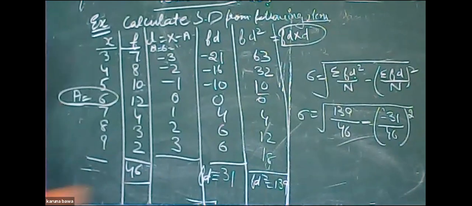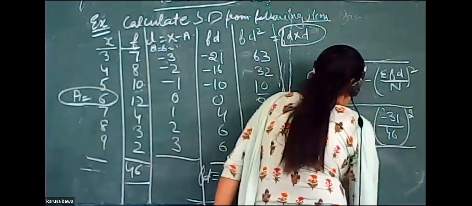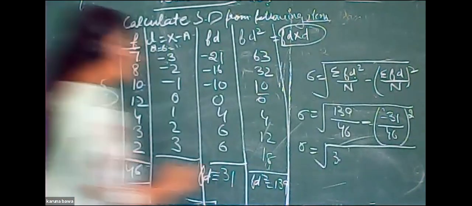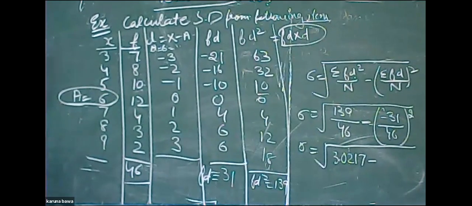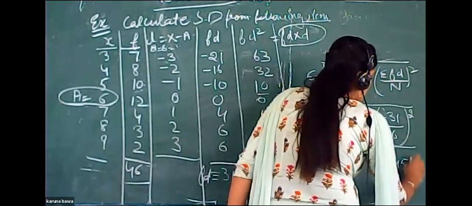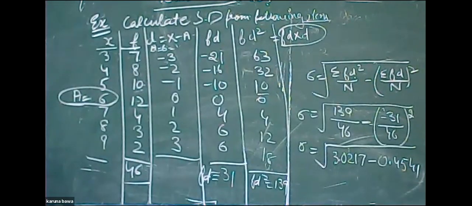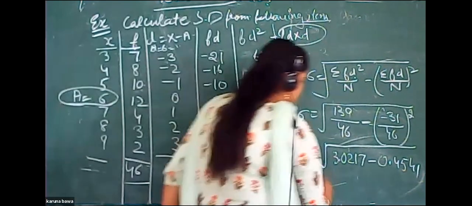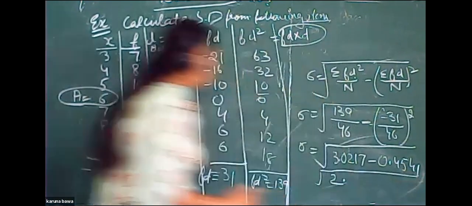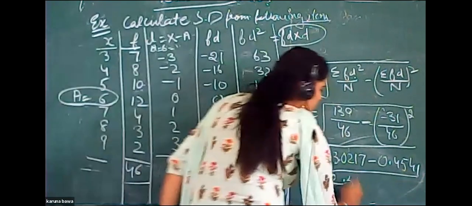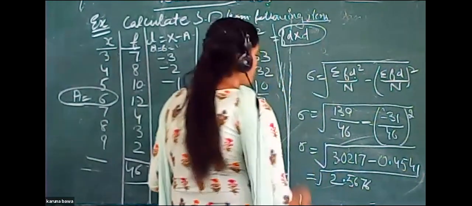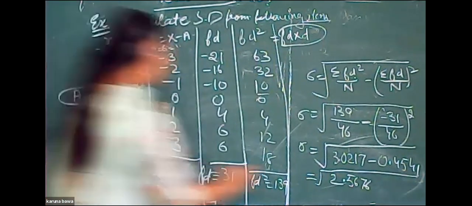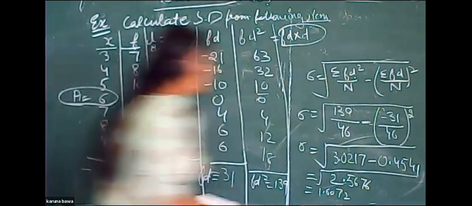After the division, we get 3.475 minus the square of minus 31 divided by 40, which is 0.6006. After subtracting, we find a new value, 2.5676. After taking the square root of this value, we find 1.6072, about 1.60.